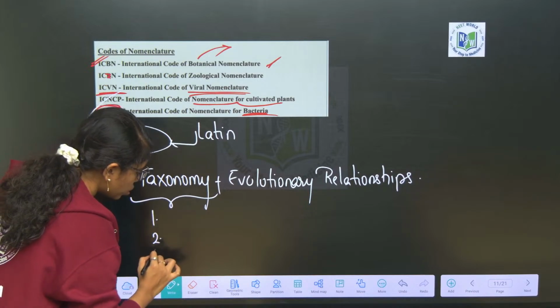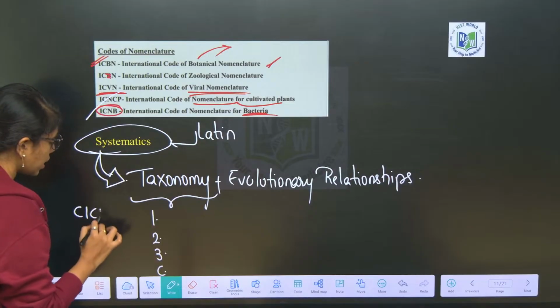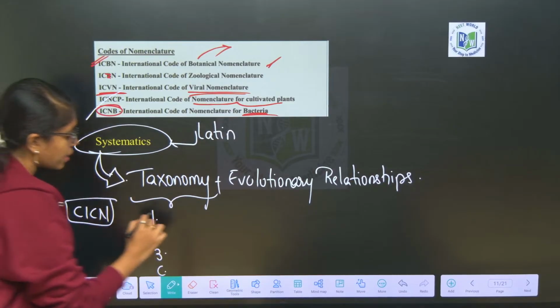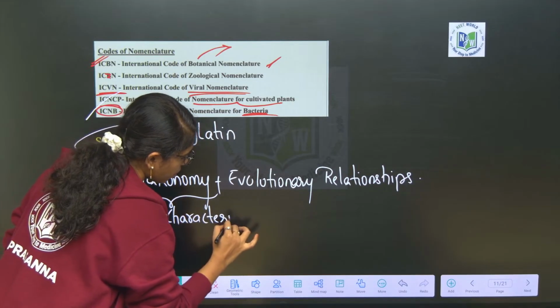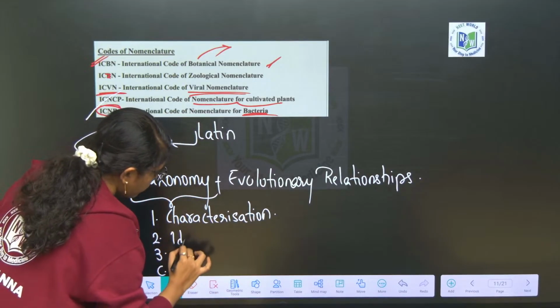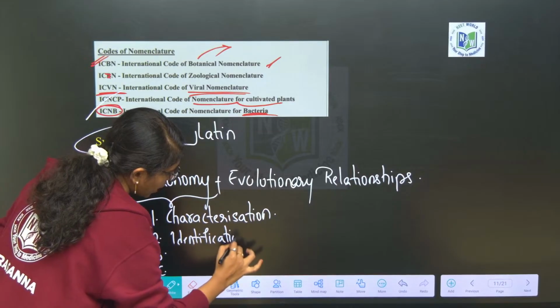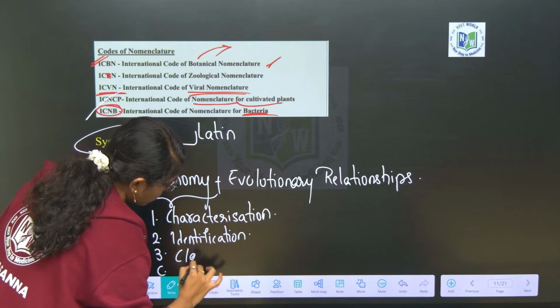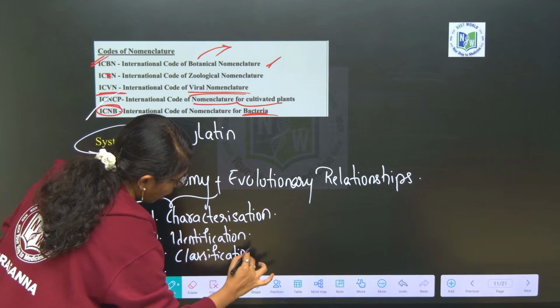Remember this in this order only. You can remember it like CICN: characterization, identification, classification, and nomenclature.